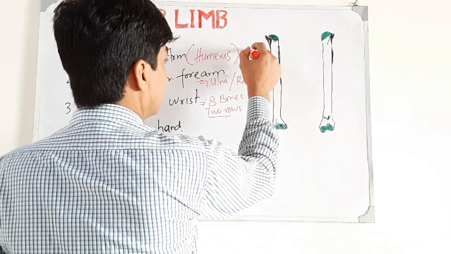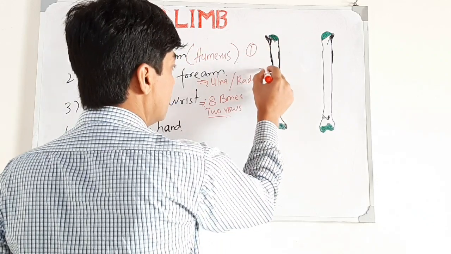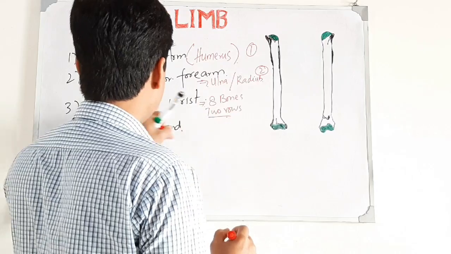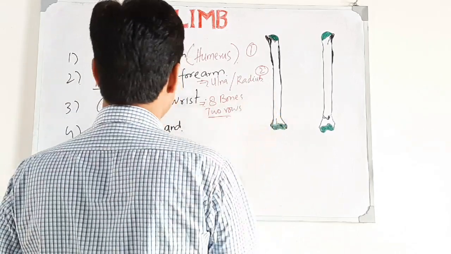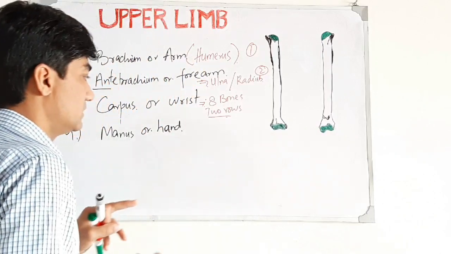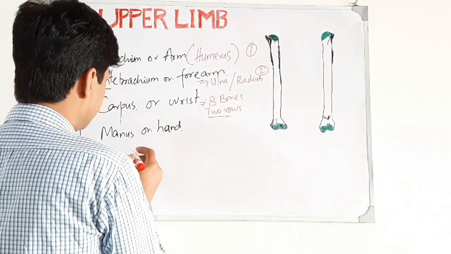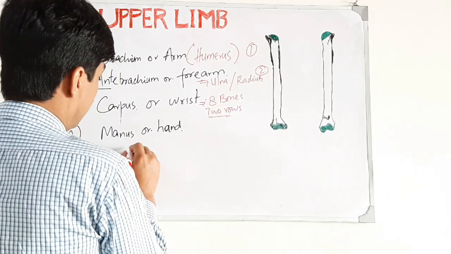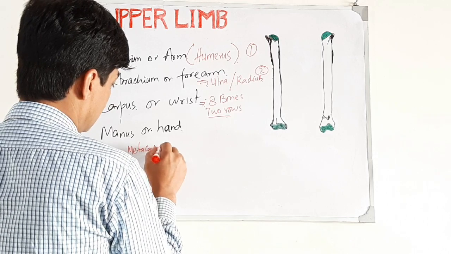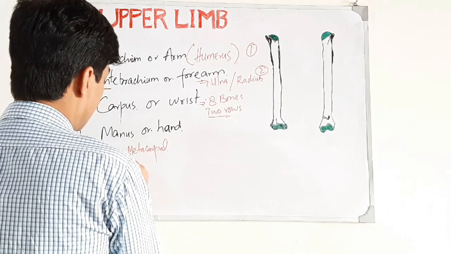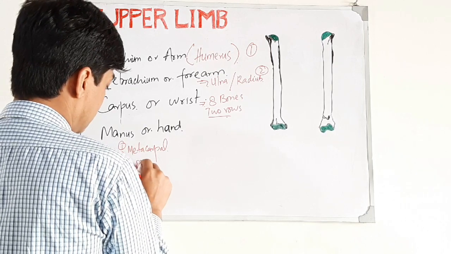The humerus is just a single bone, the ulna and radius are 2, and there are 8 bones at the carpus or wrist. And manus or hand basically consists of two portions. One is metacarpals and the second is phalanges.